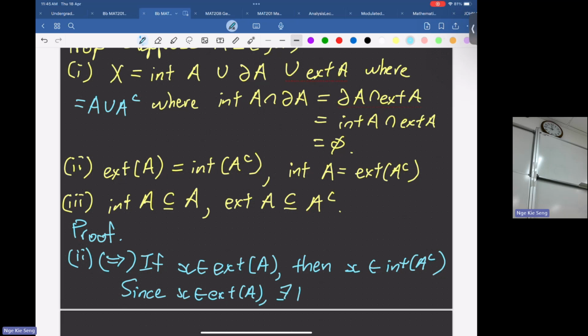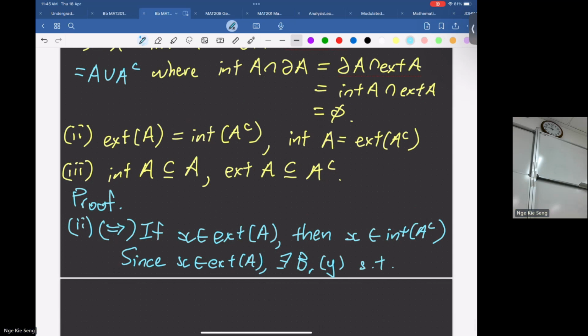You have a ball, say radius r, centered at y, such that X is in this ball, and then this ball is contained in A complement. See, this ball is contained in A complement already, right? So this means that X is in the interior of A complement.